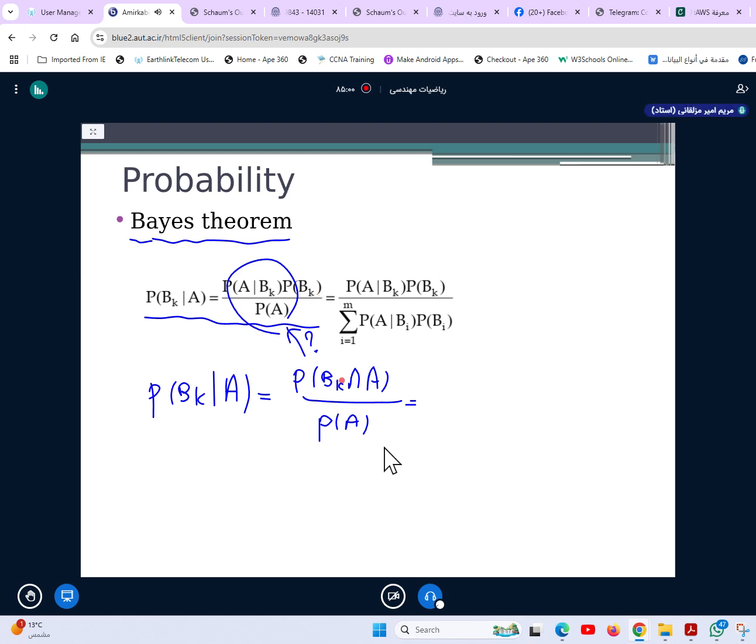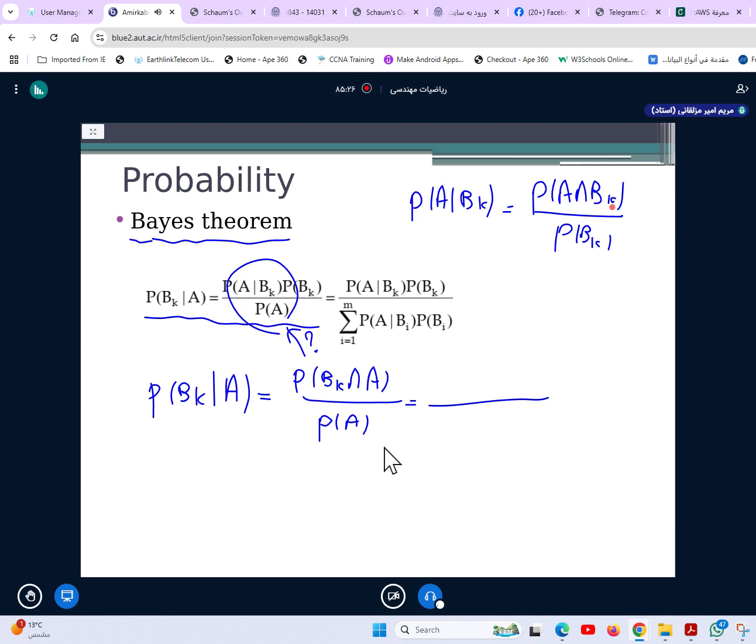We know that the probability of beta intersection with A, we can have this formula, this simple conditional probability formula.